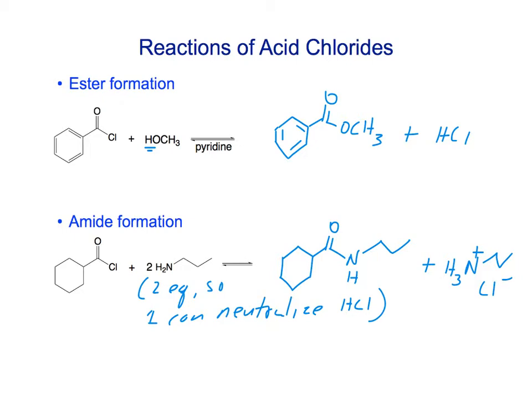Okay, we could, for example, especially if our amine was something much more complicated, that we had to go through a bunch of reaction steps to make, and we didn't want to use two equivalents of it, then we could just use one equivalent of it, and we could add some pyridine to neutralize it, or we could add a more hindered amine like triethylamine that would act as a base to neutralize the HCl, but it wouldn't compete as a nucleophile.